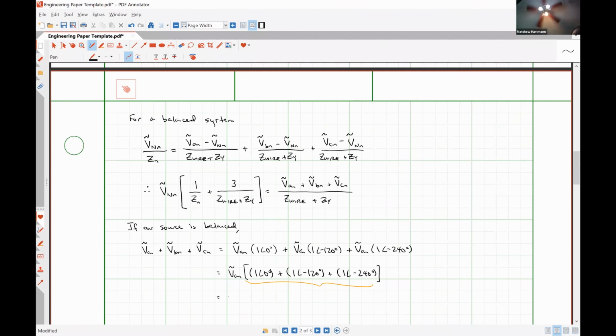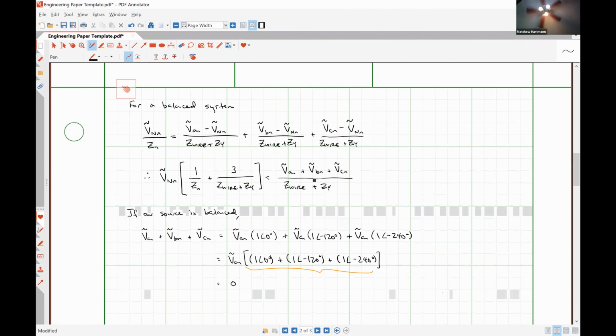Alrighty. Maybe you guys don't have a calculator handy. I do. It just took me a second. Oh, no. I just got 0. Exactly right. So this means if the sum of VAN plus VBN plus VCN is equal to 0, that means that VNN has to be 0 as well.